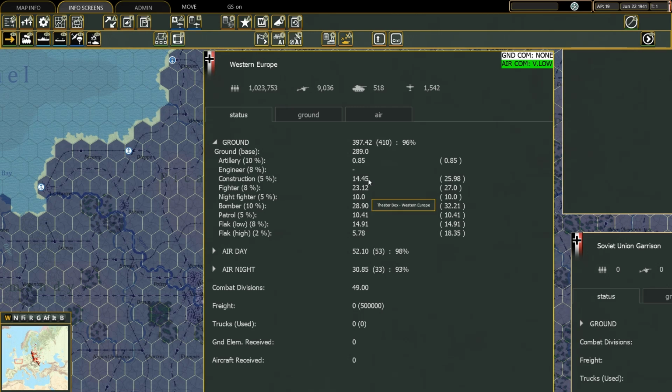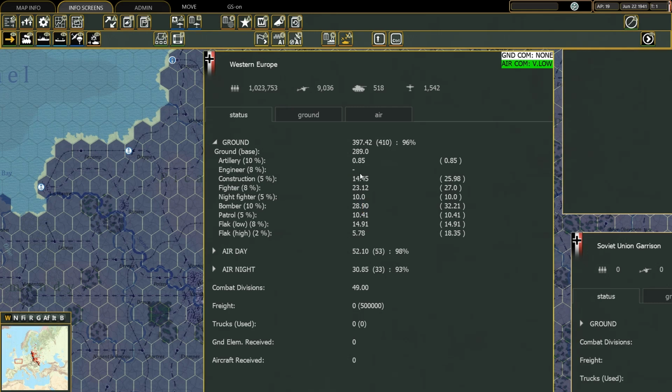And if you increase the ground base value by adding either infantry or motorized or mechanized or panzer divisions, you will also increase the usage, which is limited to just 5% of this value, of the construction units.